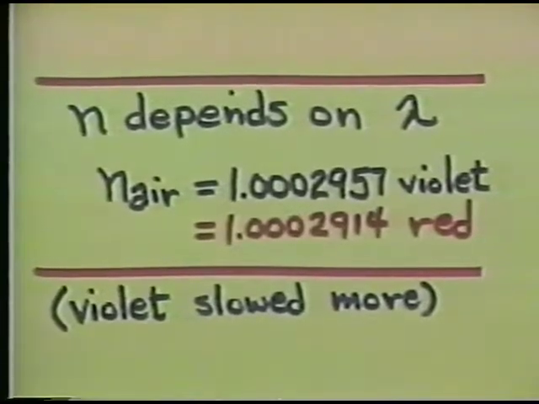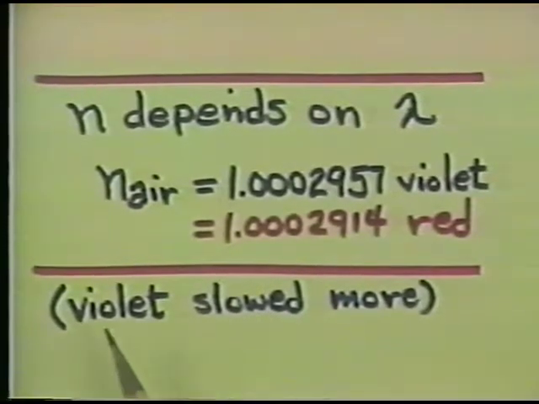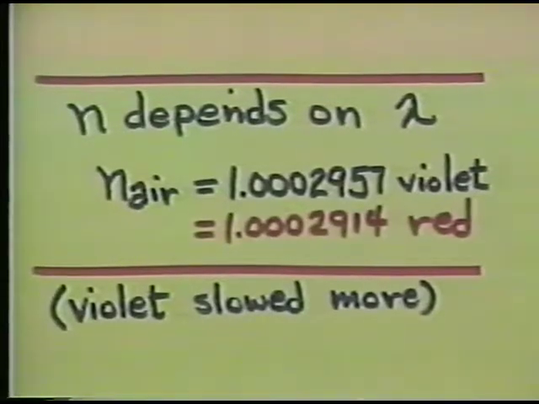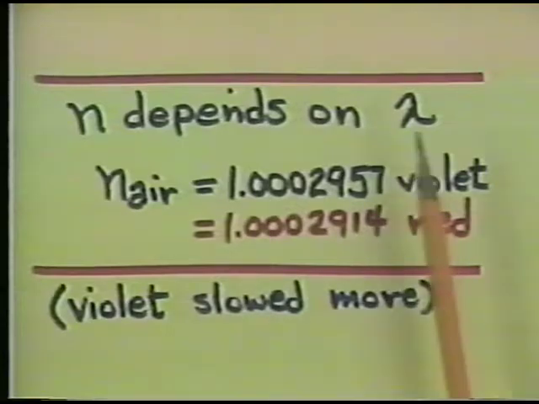Air is no exception. It seems that the shorter wavelength violet rays are slowed more than the longer wavelength red rays. That means that for any substance, the index of refraction is slightly lower for red light than it is for violet light. And this means that if you're really going to rigorously define the index of refraction, you have to specify what wavelength you are referring to.